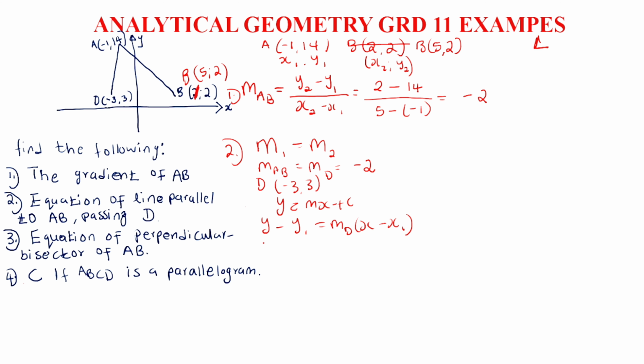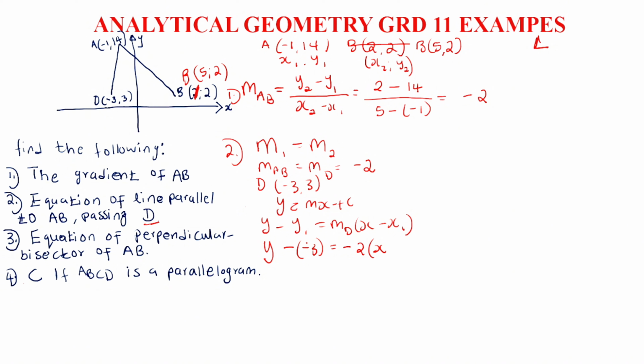So let's substitute D here because they said it's passing through D. You will notice, guys, where there's a negative sign, I normally put brackets so that I don't make a mistake. No, this is not negative; y is positive in this case.